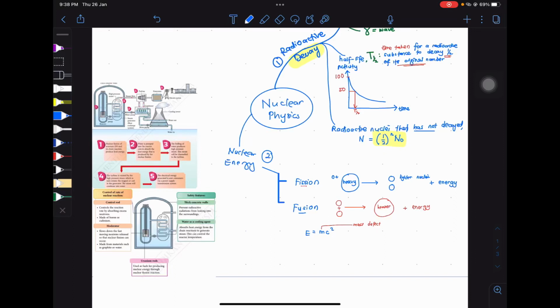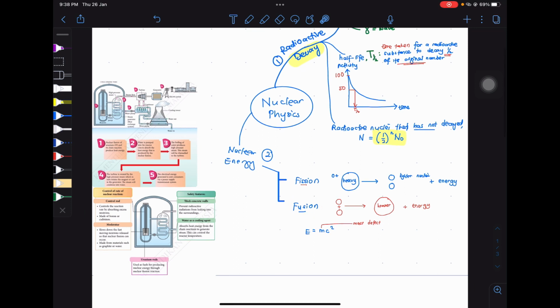The second subtopic, for nuclear energy. Last time we looked at what fission reaction and fusion reaction are.